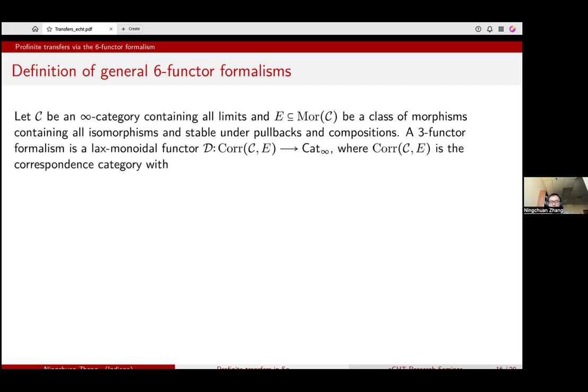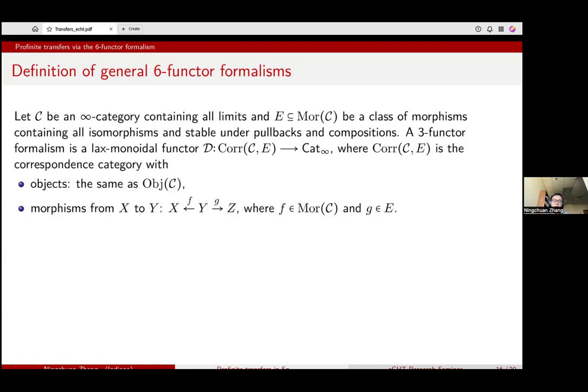So to get a six-functor formalism, abstractly, we will start with a three-functor formalism. And this is a lax monoidal functor from the correspondence category to the category of infinity categories. This correspondence category has objects the same as those of C, and the morphisms are those zigzags where we require the second map, this G map, to lie in E. And the composition is given by pullbacks.